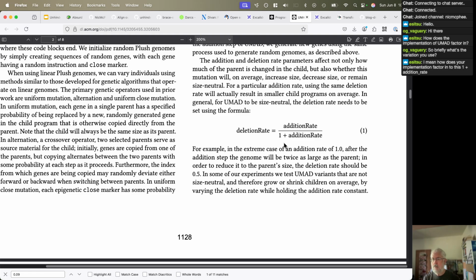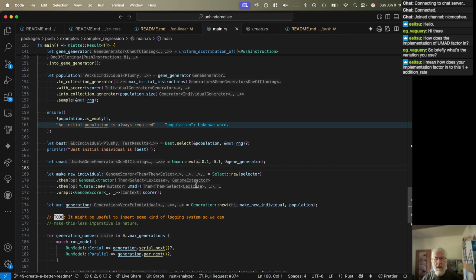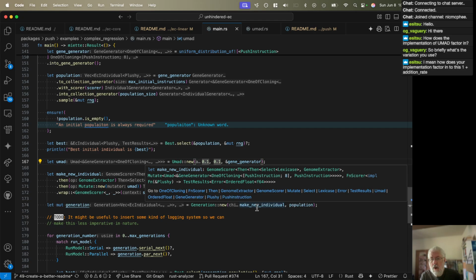We don't have that. And when I use UMAD, I just plop in addition and deletion rates, and they're always the same. So my deletion rate's always a little high. That ought to be 0.09 and it's 0.1.